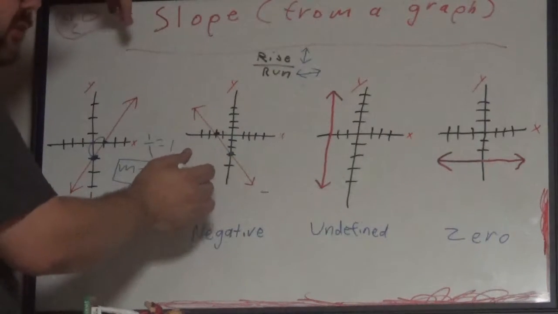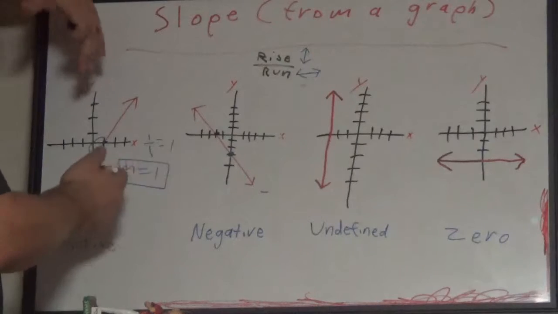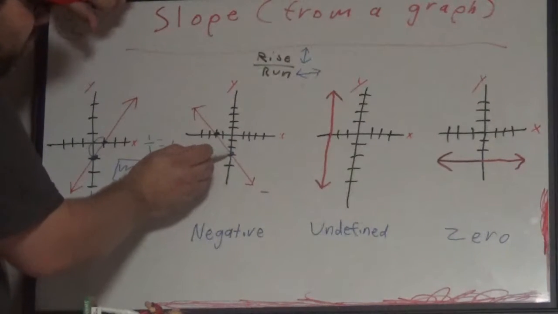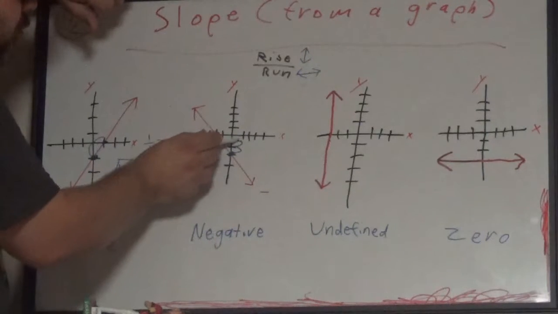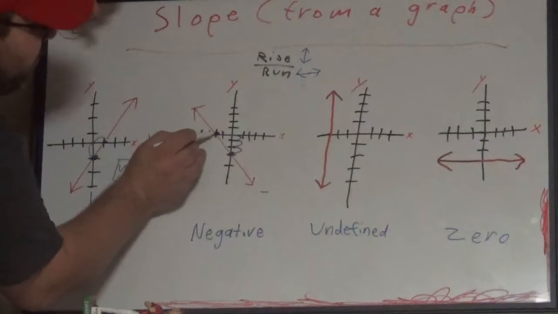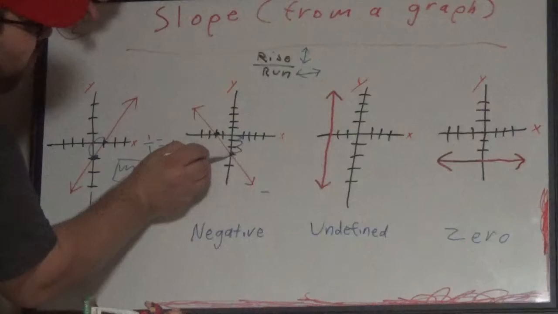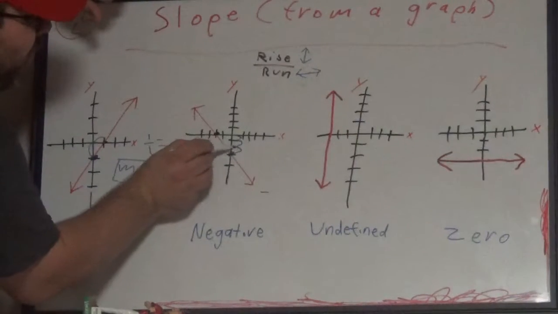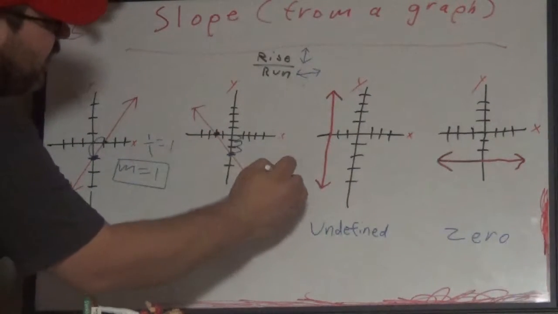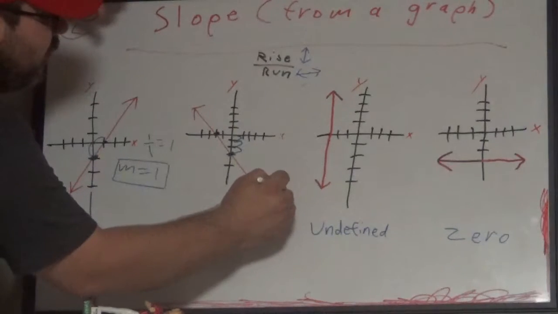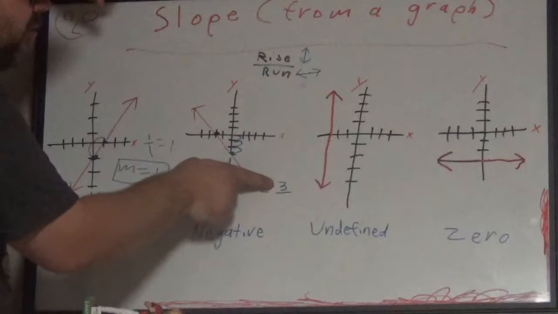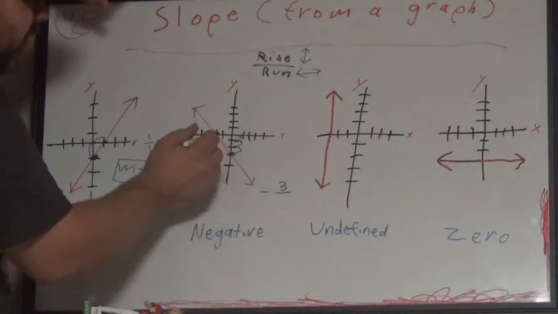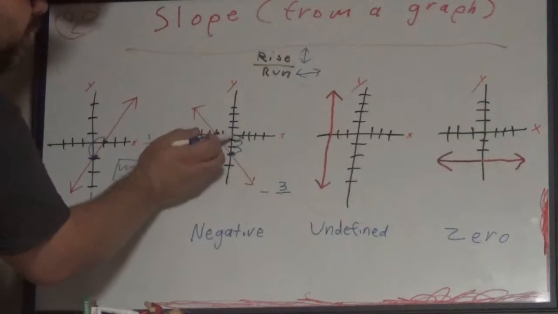It's easier and faster. It prevents mistakes. So I'm going to look how far we go up. 1, 2, 3. To get from this point to this point, we move up 1 unit, 2 units, 3 units. So on top of the fraction, I'm putting a 3. Negative 3 over something.